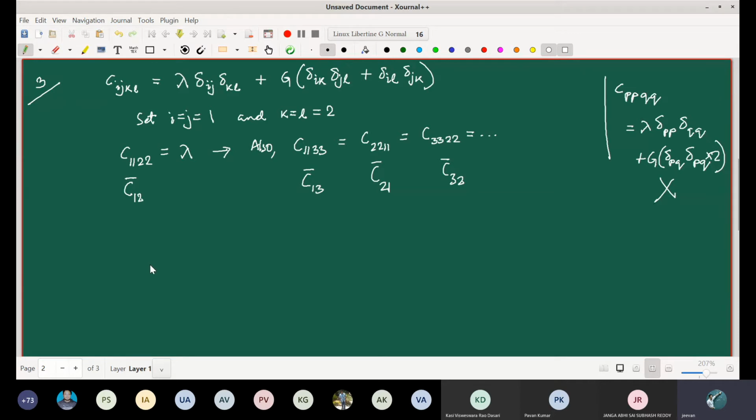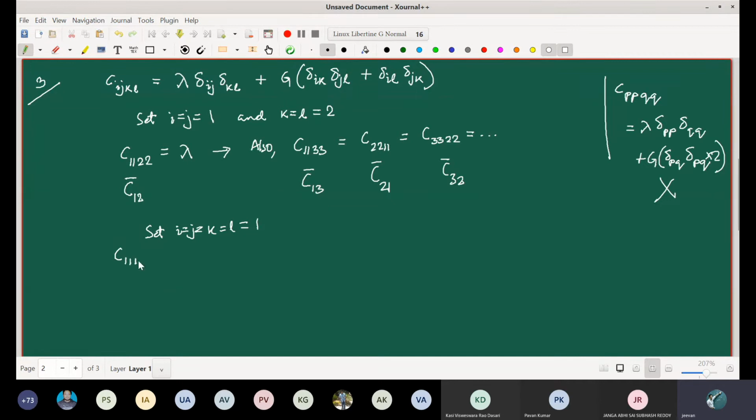Suppose we set i equal to j equal to k equal to l equal to 1 as a very specific example. This is written just with the motivation of finding out some value of G, and then we'll think whether we can find other alternative values of G also.